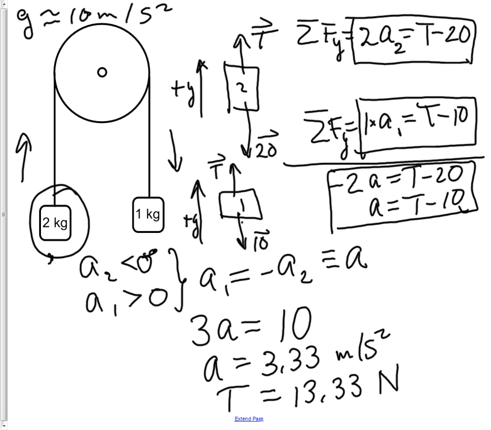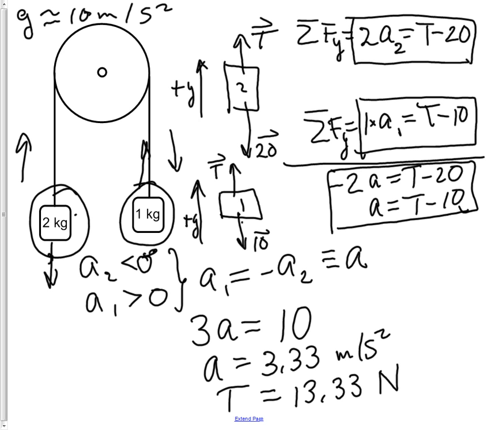Let's ask ourselves whether that makes sense. That says if I just take these and just let go of it, okay? If I just let go of it, then the acceleration in this guy's coordinate system is going to be positive, okay? And so he's going to accelerate upward, and this guy will accelerate downward.